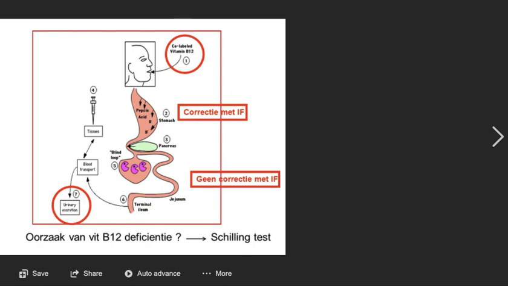So all the radio labeled vitamin B12 which we give orally should appear in the urine if the intrinsic factor is there and the absorption is normal. Normally, more than 10% of the oral dose should be excreted in the urine.